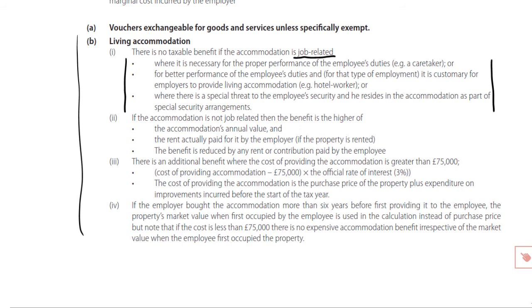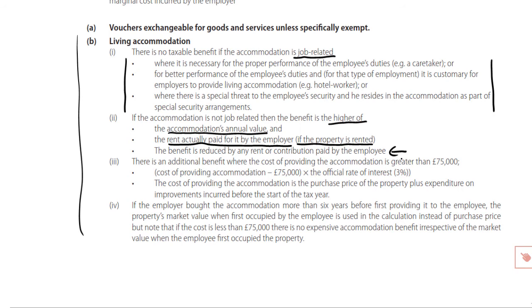The first part is the accommodation's annual value, don't worry about that term, it is a figure that will be given to you, or the rent actually paid for it by the employer. Now clearly that's only an issue if the property is rented. And if it is a rental property, then that's it. It's the higher of those two things, reduced, if it happens, by any rental contribution paid by the employee to the employer for the benefit of living in it.